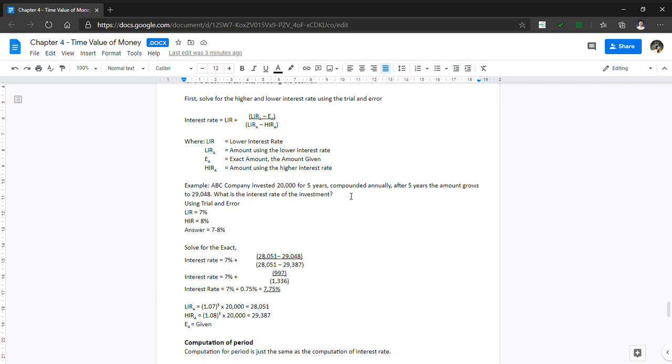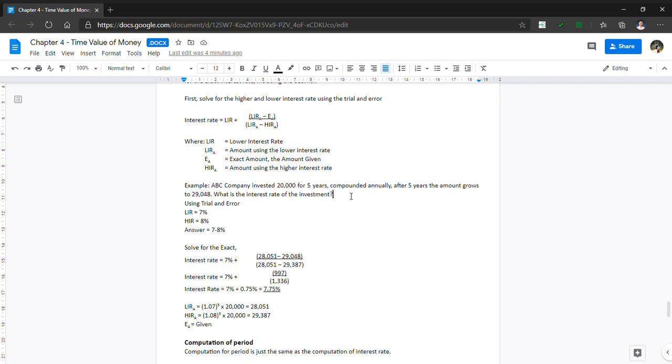The future value factor now is 1.4026. So we need to multiply it with 20,000 to get the future value. Sorry.